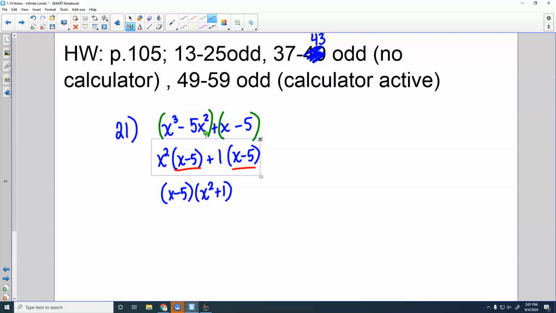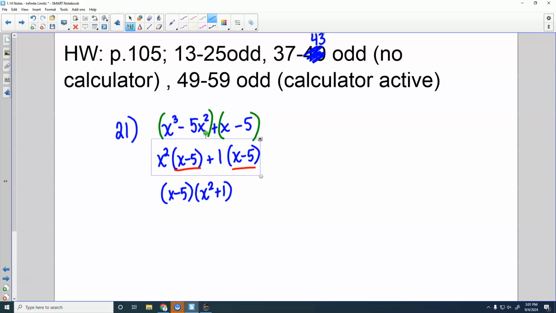On those, I do want you to, for real, without a calculator, plug in numbers, make a table, and see what's going to happen there. Then for 49 through 59, you can use the calculator to do those limits. You can put them in y equals and do the table, or look at the graph for those.